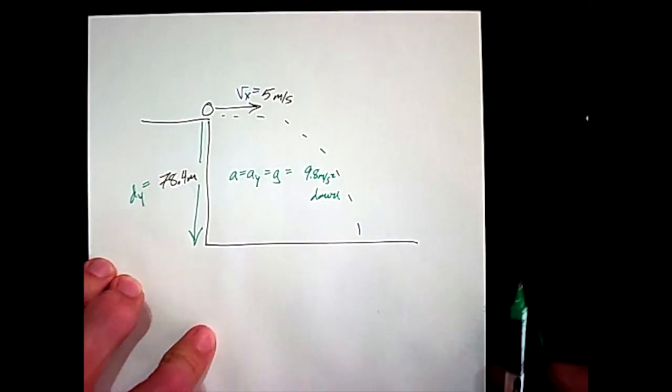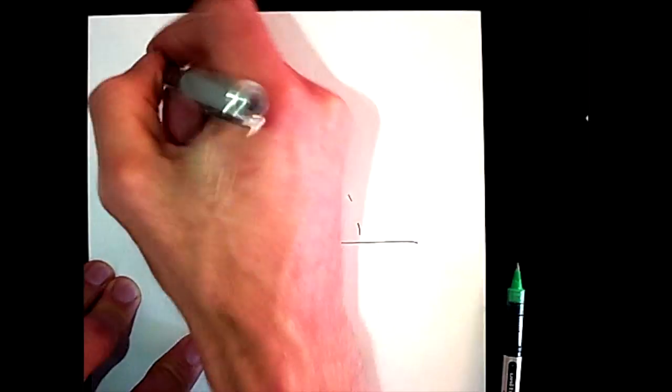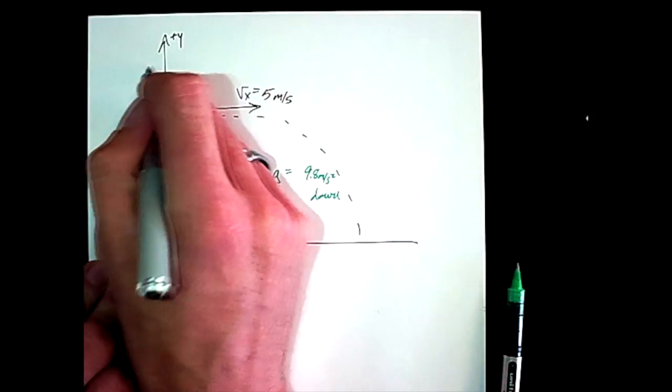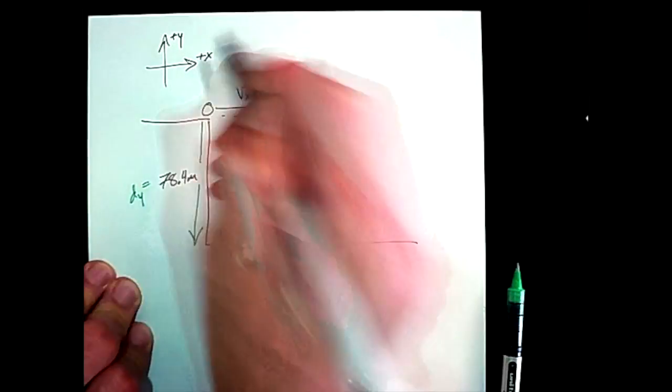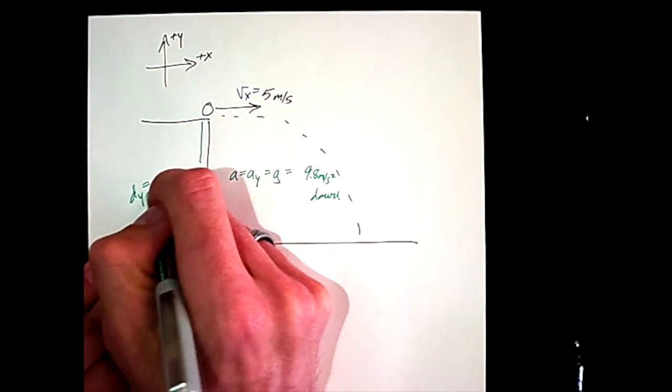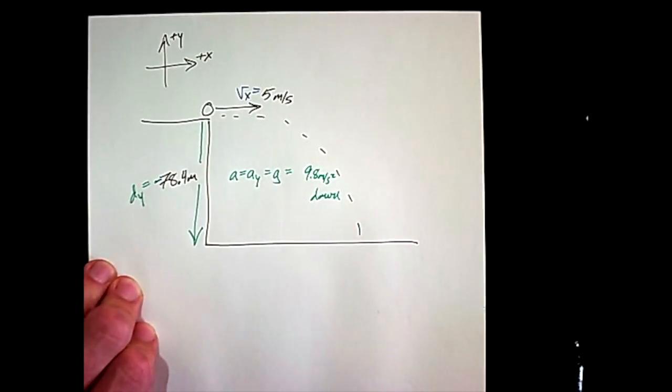So if it's negative, then we need to say up is positive y and to the right is positive x, which makes this positive 5, this negative 78, and this negative 9.8. The rock falls down, gravity is down.